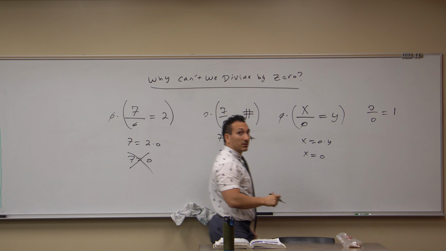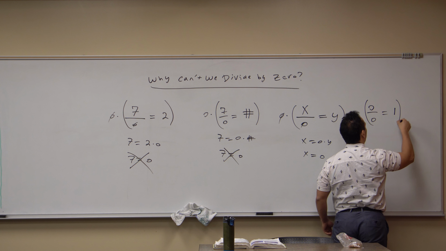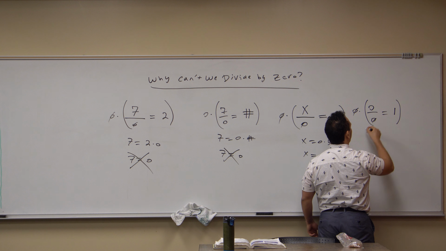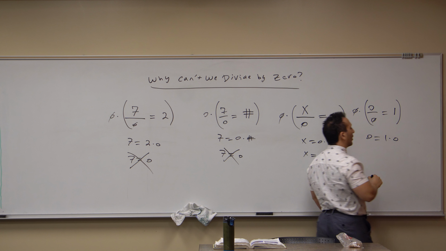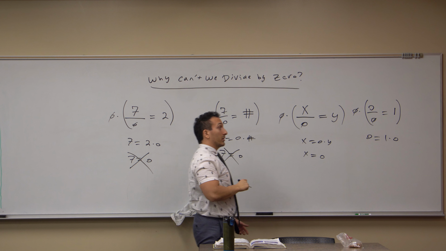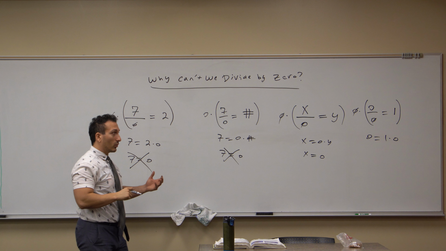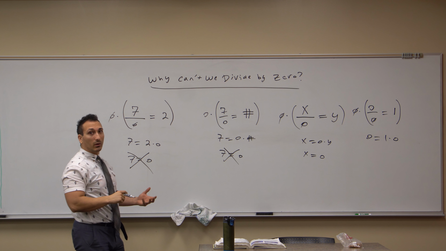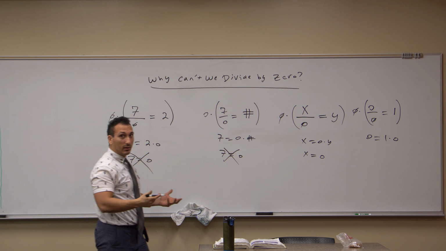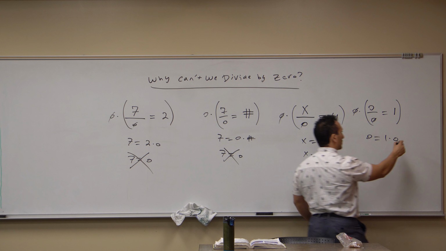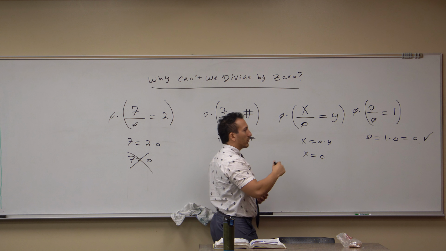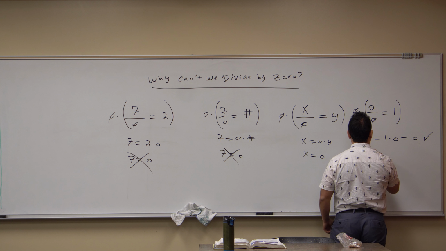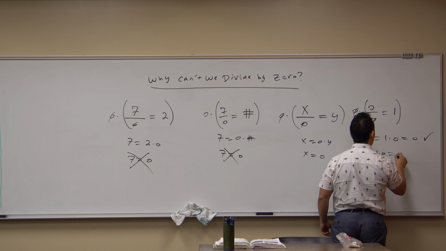Well, let's take a look at what happens here. When I multiply both sides by 0, the 0 in the denominator cancels, and I get 0 is equal to 1 times 0, which is 0. So that's good, right? There's no contradiction here. Everything's fine so far. Well, what if I subtract that 1 times 0 from both sides?